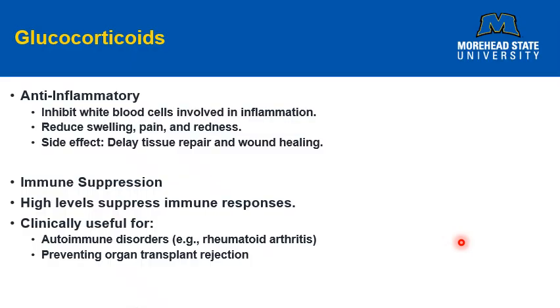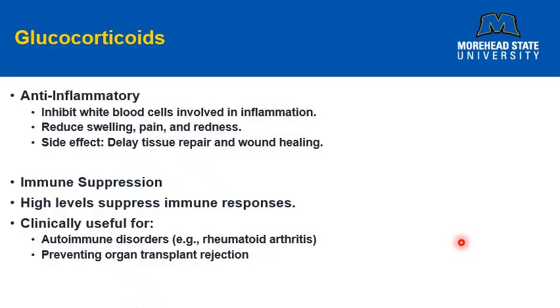Inhibiting those involved in the inflammation can actually help reduce the swelling, pain and redness, by impacting the blood flow to whatever trauma you have from an infection, which then leads to that reduction of the redness that you see.